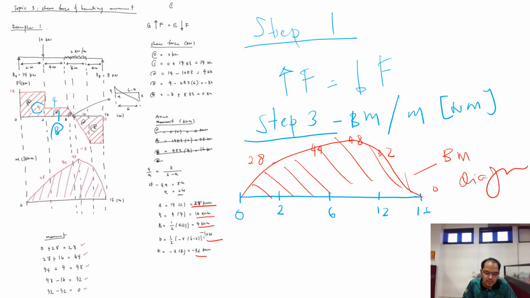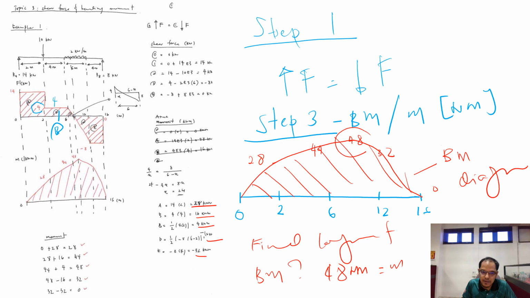Most probably there will be a follow-up question where I'm going to ask you to find the largest bending moment, which for our case is 48 kilonewton meter. That is the largest bending moment.